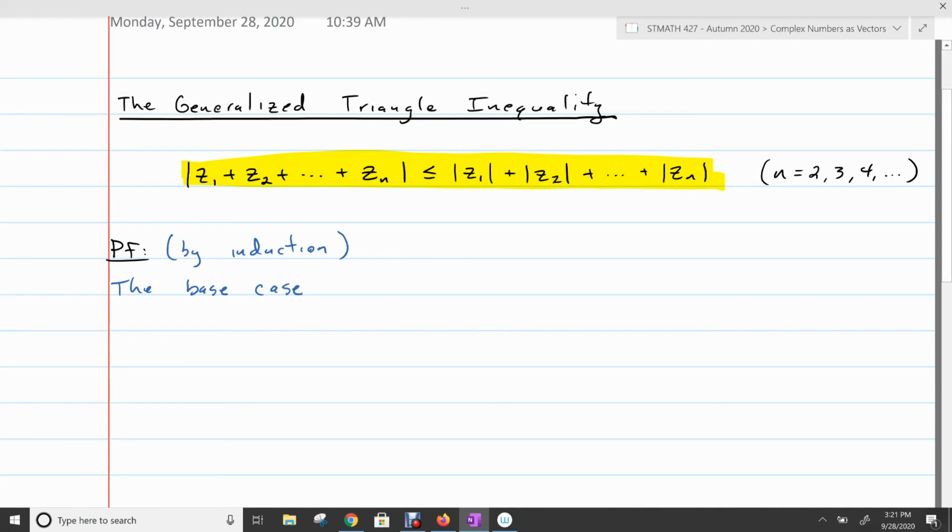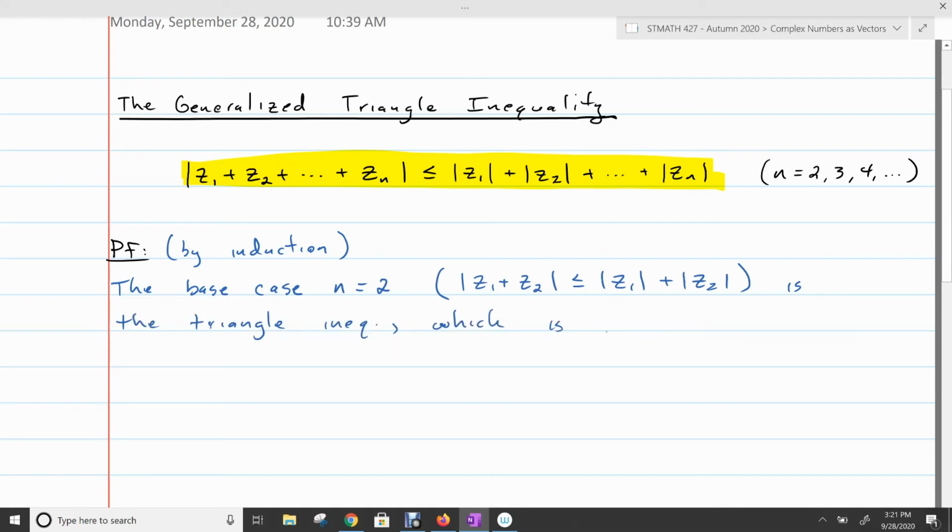In this case, the lowest value of n for which this statement is claimed is when n is equal to 2. Well, when n equals 2, what we're talking about is modulus of z1 plus z2 is less than or equal to modulus z1 plus modulus z2. That's the triangle inequality.